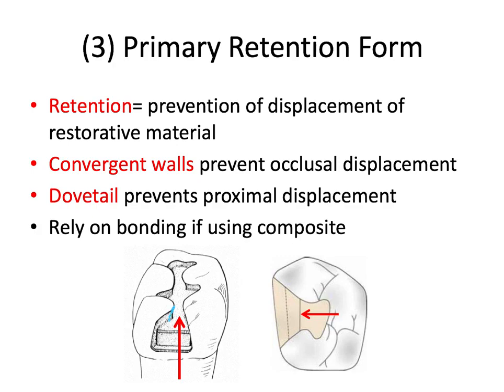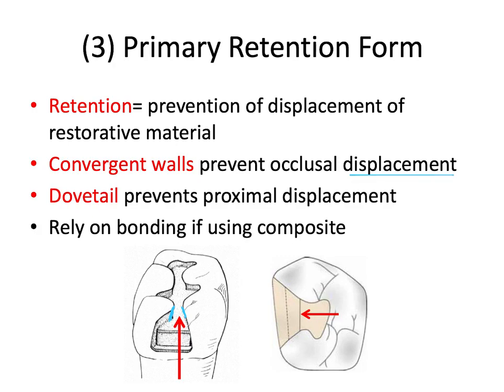So as you go up, the two walls kind of lean in towards each other, the two opposite walls, all throughout this prep, so that the material, once it's placed and either sets in the case of amalgam or is cured in the case of composite, it has a much harder time escaping because those walls are tipping in towards each other, preventing occlusal displacement.